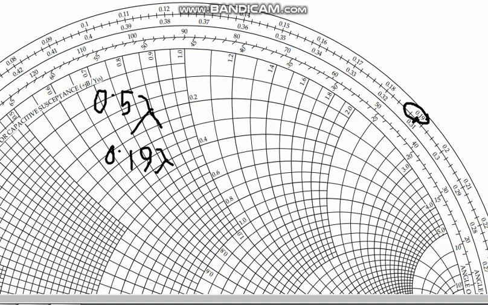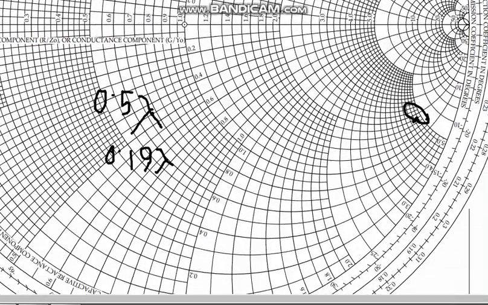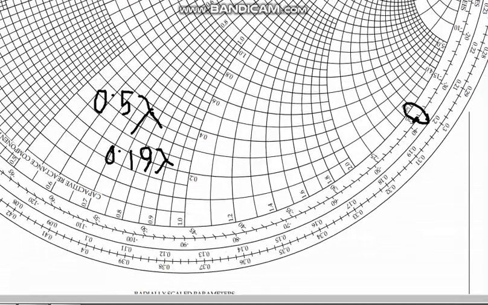But if it is toward load, you have to find it in the second, lower circle. That is 0.16, 15, 14, 17, 18, 19. That is 0.19 if it is towards load, and you should count from the lower side, from 0 to 0.19 lambda.